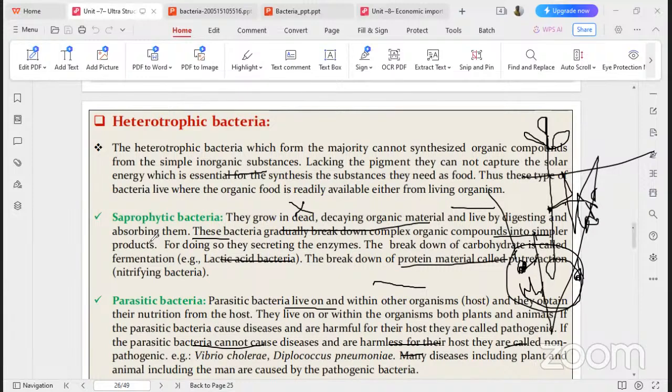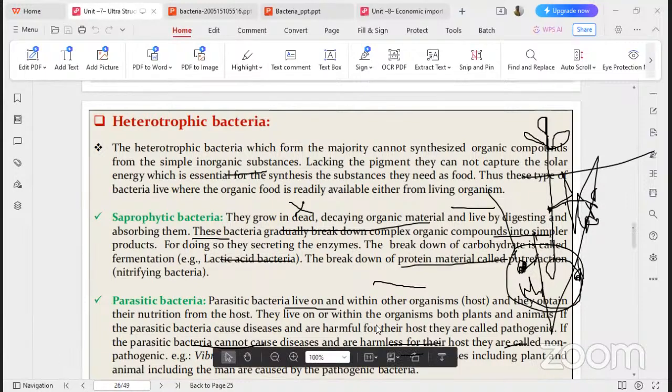Okay, and then the parasitic. There are so many diseases: cholera, dysentery, typhoid, pneumonia, diphtheria, tetanus. These are all diseases caused by bacteria to human beings. Bacterial diseases.